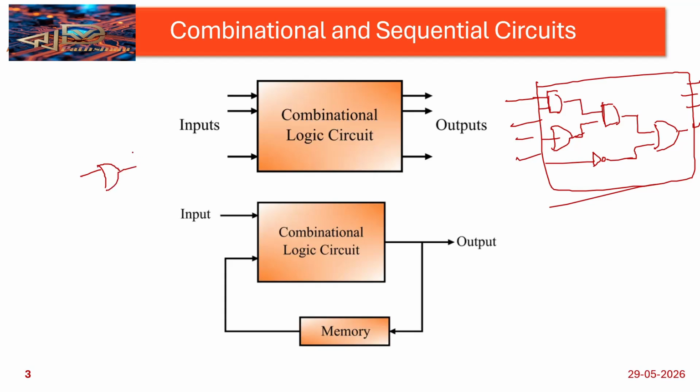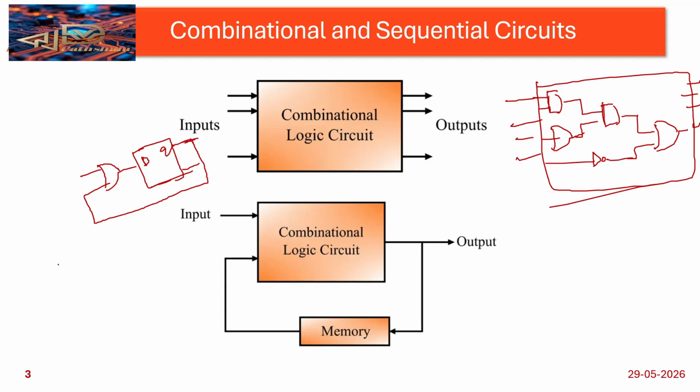This is the sequential circuit, where I give a D flip flop and get the output. This output I again give as an input to this OR gate. Only then do I get the output of my sequential circuit. So that is the basic difference between combinational circuits and sequential circuits.